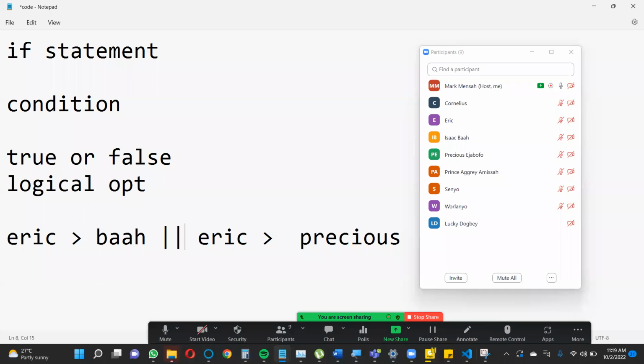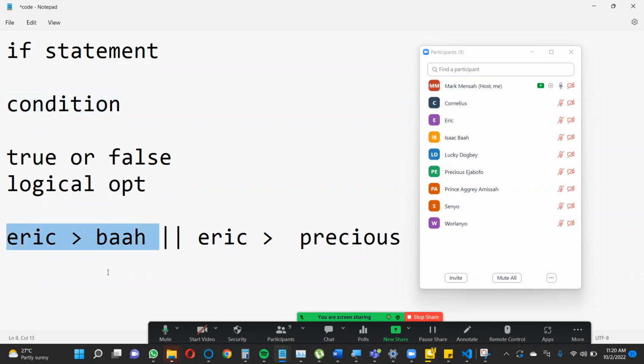So this statement here is very important for us to understand. First of all, the condition is either going to give me an answer that is true or false. Number two, I can only compare two things at a time.